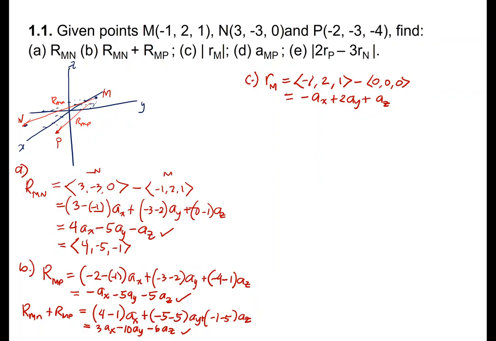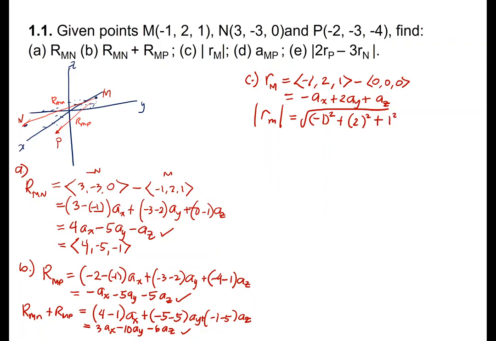Now when you have a magnitude, how do you solve the magnitude of a vector? You get the root mean square of the vector. The root mean square is like the Pythagorean theorem if you only have 2 dimensions. The magnitude of RM is equal to the square root of negative 1, the magnitude along x, squared, plus 2 squared plus 1 squared.